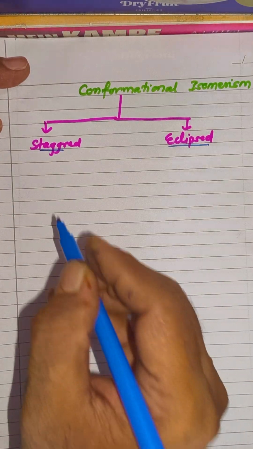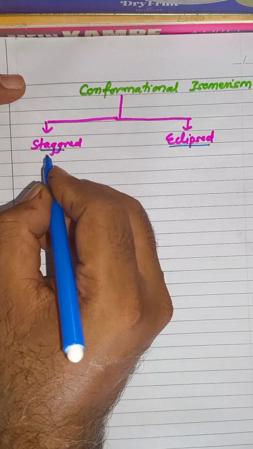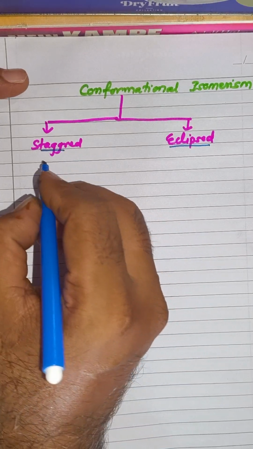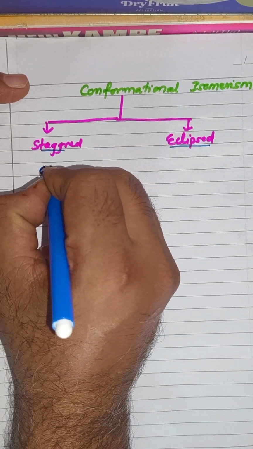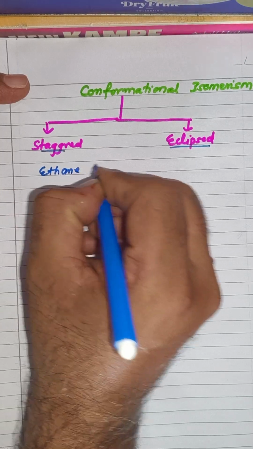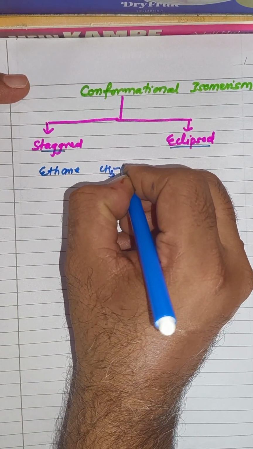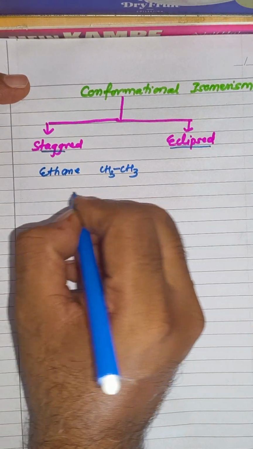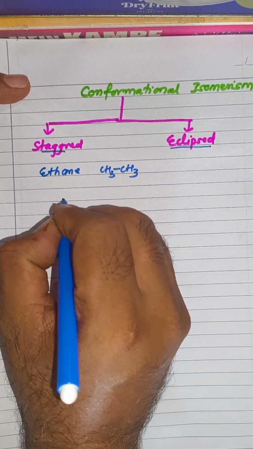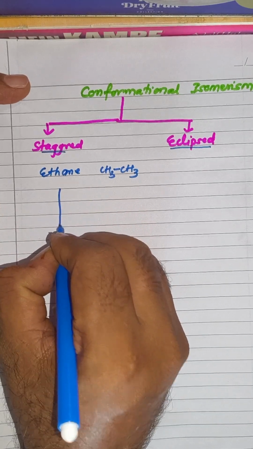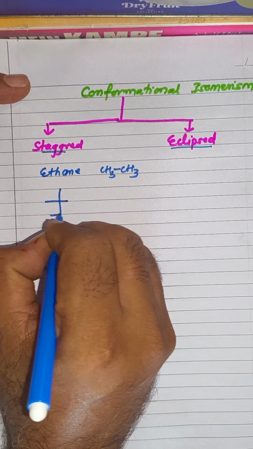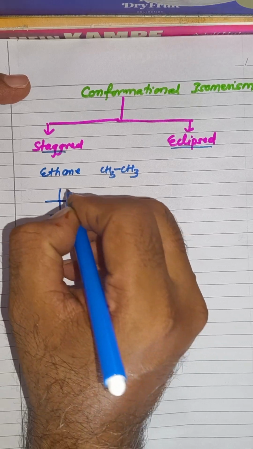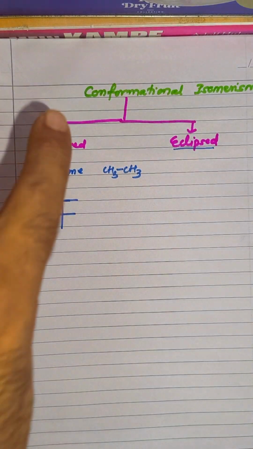So how can we understand this? For that, I will take one example of ethane and its structure. I can write the Fisher projection of ethane so we can understand this properly. I can show these hydrogen atoms.